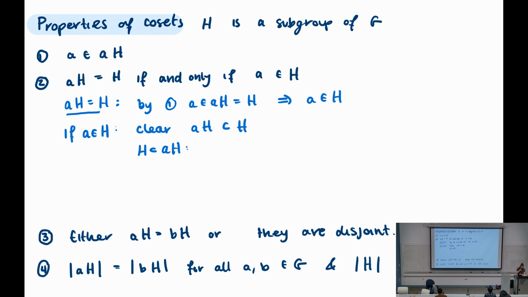If we have some little h in capital H, then A inverse h is contained in H, because you know that A is in H, and so A inverse is also in H, and so the product A inverse h is in H. And so that means that A times A inverse h is in AH.